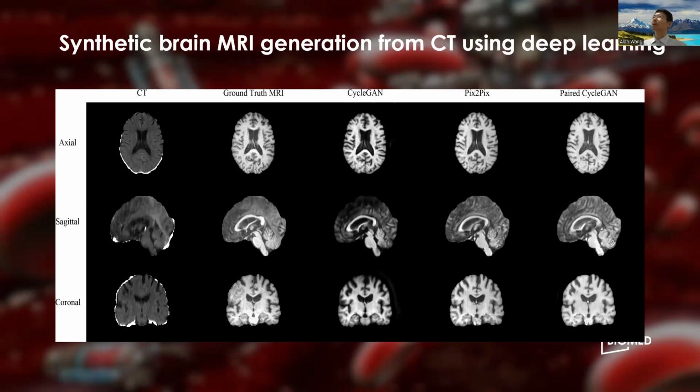And it's so convenient for the radiologist to look at the MRI data, even the pseudo MRI data. And we can also provide the CT data as a validation or further comparison.